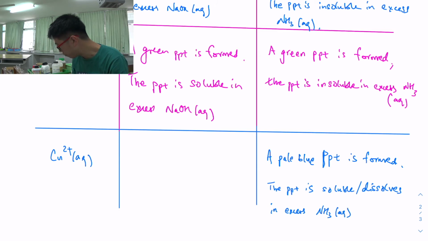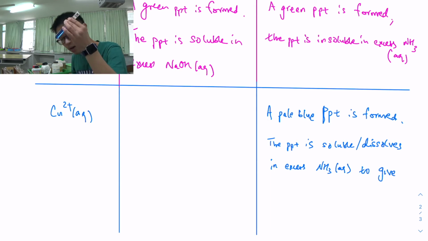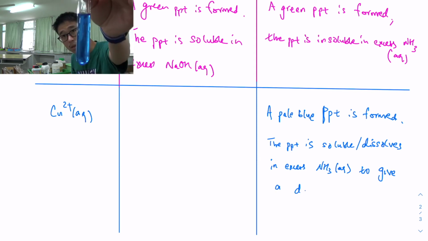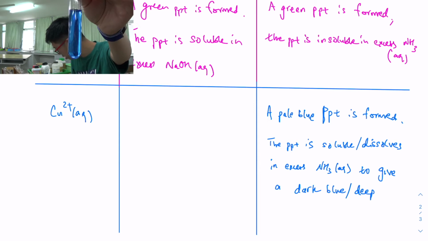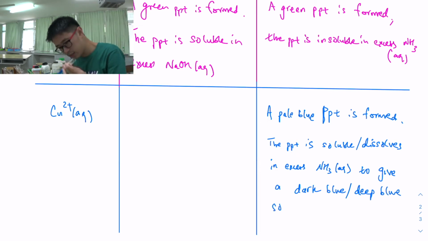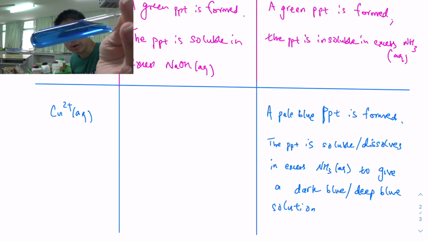But it's an observation, it's qualitative analysis. So make sure that you give all the observations you can. Dark blue, or if you want, you can use deep blue. It's a solution, it's not a precipitate. I hope you can see.